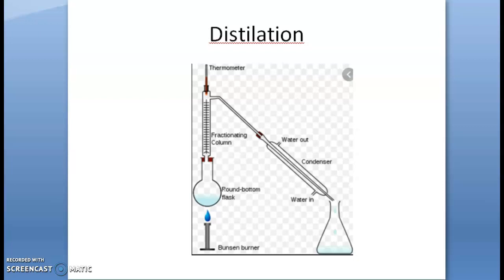So we can use solid as well as liquid in the flask. The vapors will move towards the condenser. The water inlet and outlet will settle down the vapors around the tube of the condenser, and the vapors, converted into liquid, will be taken out into the beaker.